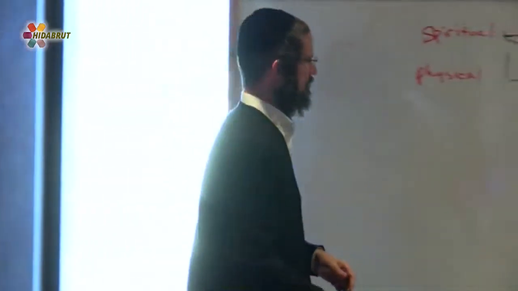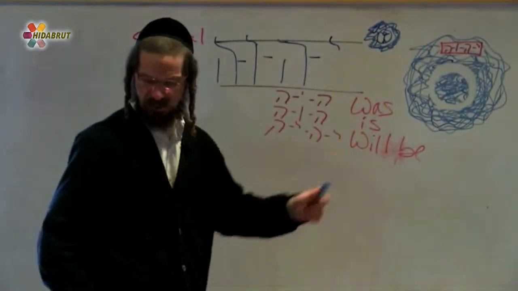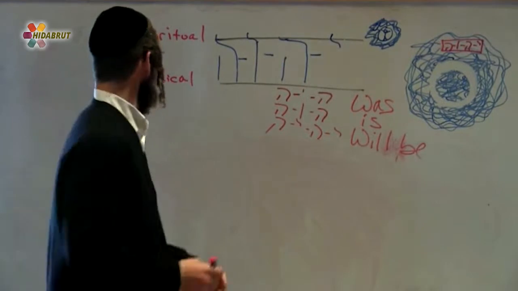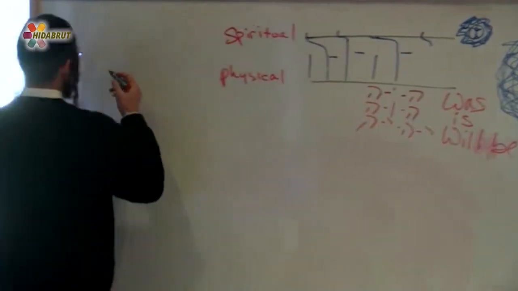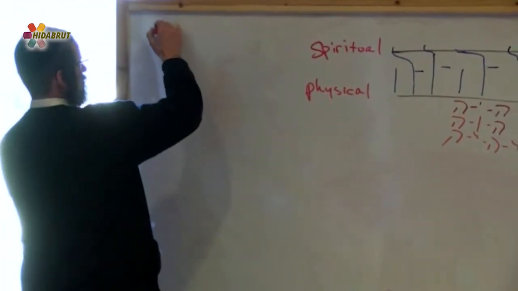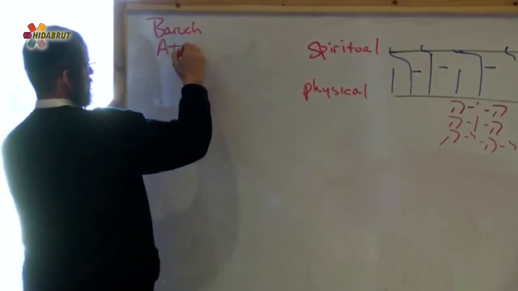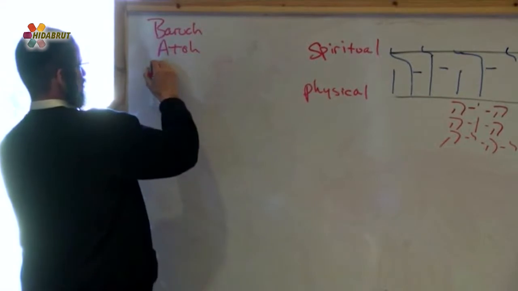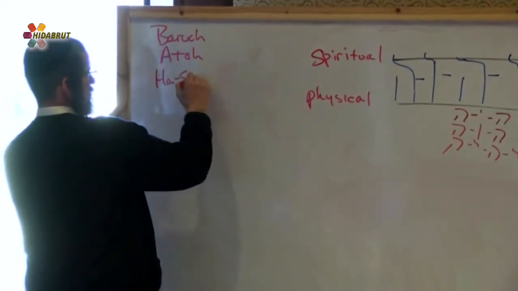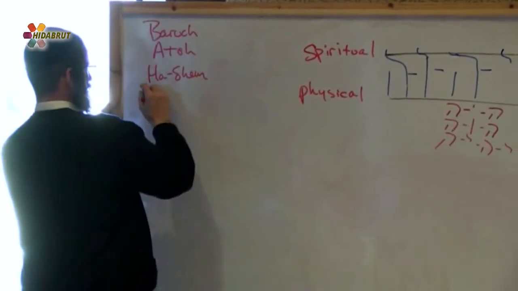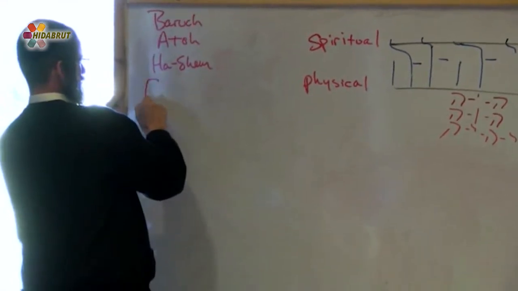Now, the name of God for how God is immanent is a whole other name. So far we've done Baruch, we've done Atah, we've done Hashem, which is the Yud, Hey, Vav, Hey, and now we have Eloqenu.